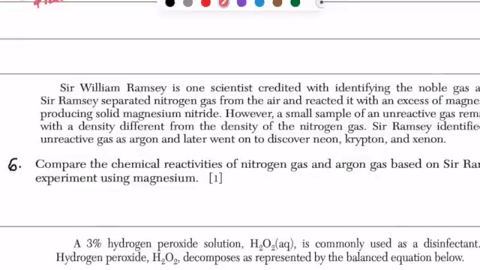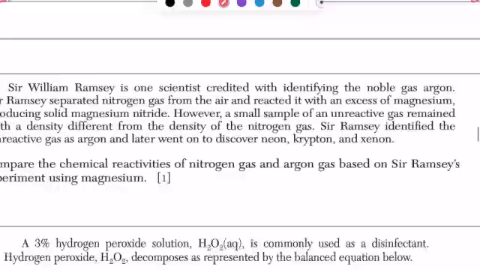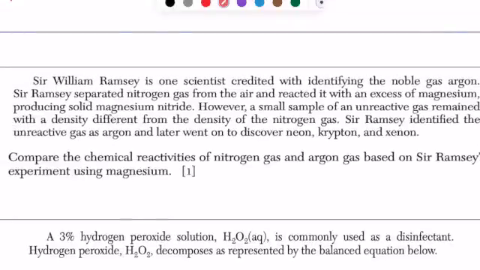And then they were able to find the unreactive gas, which was argon. So you can say that based on this experiment, nitrogen was more reactive. That's all that you have to say.